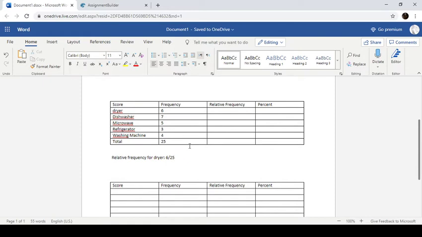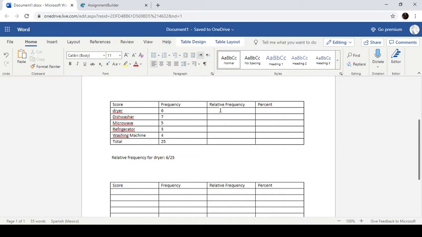When you hear someone say something out of something, so like in this case 6 out of 25, that's a ratio, and ratios represent fractions, which are just division. Okay, so 6 out of 25, we're going to have to go ahead and calculate that. 6 divided by 25 is 0.24.